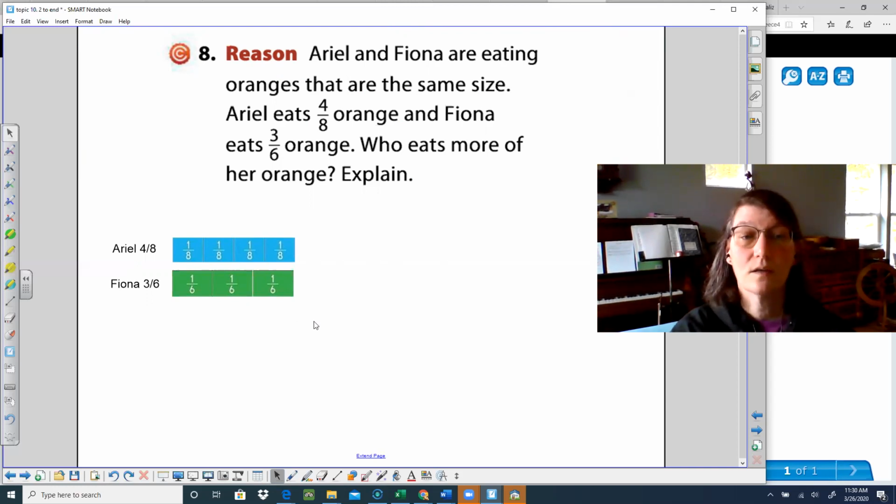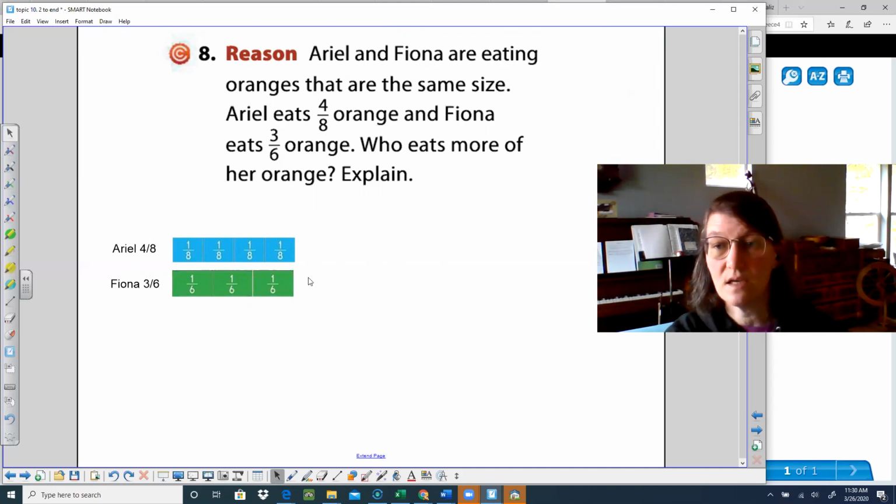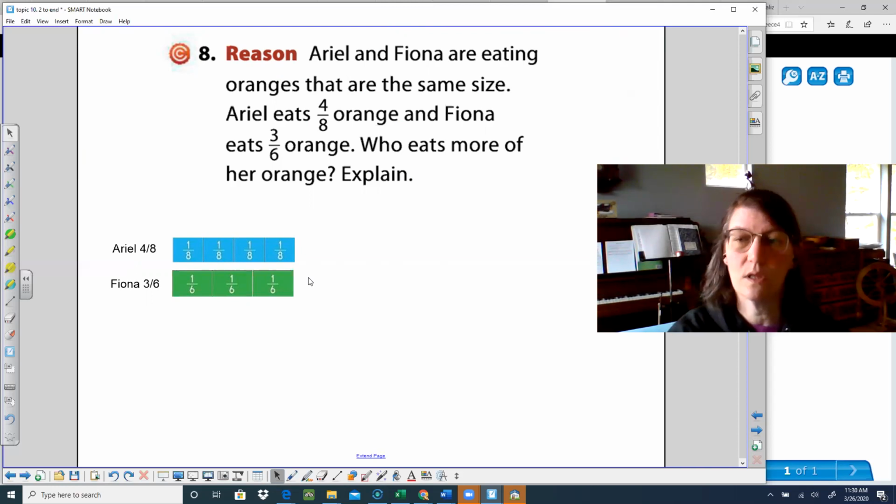Okay, it's not absolutely perfect like it would be if we had our fraction tiles from school, but I'm hoping that you've just noticed that these are, and there's that fancy word that we learned, equivalent fractions.